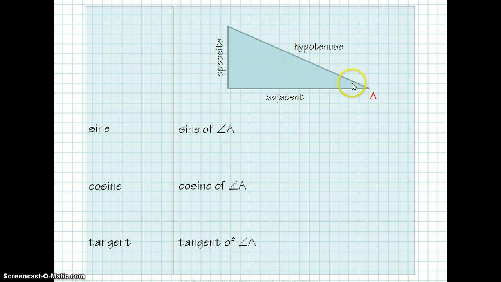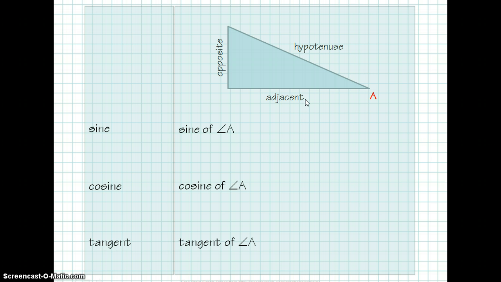So I have here a right triangle and I have an angle A. With the right triangle, even though I forgot to draw my little square there, sorry, the side across from the right angle is my hypotenuse. In relation to my angle, I've got a side that's across from it, the opposite side, and an adjacent side, one that's next to it. Opposite is across from it, adjacent is next to it.